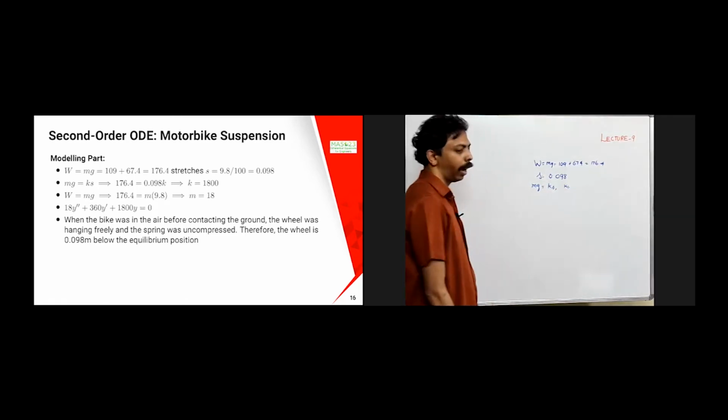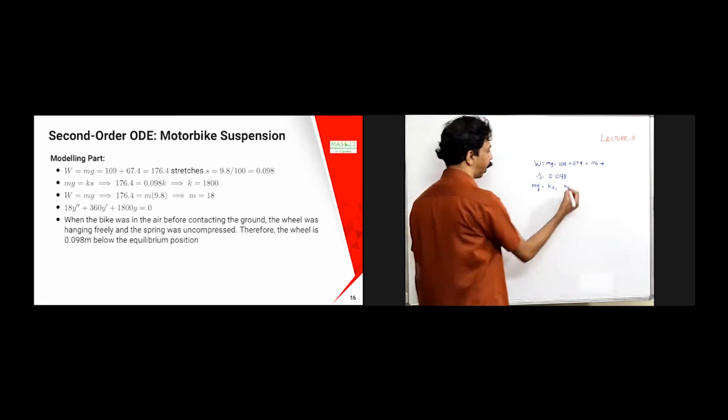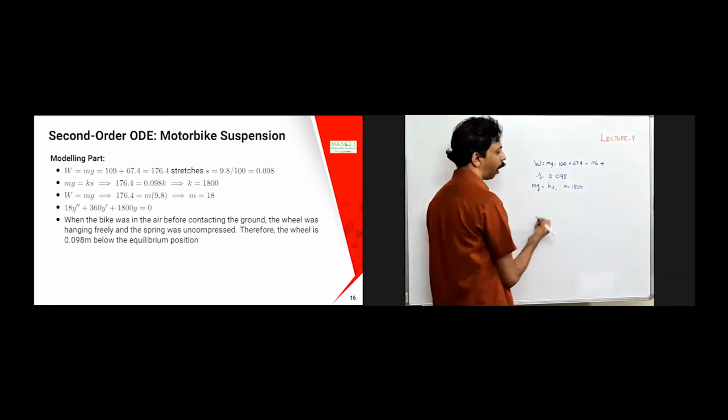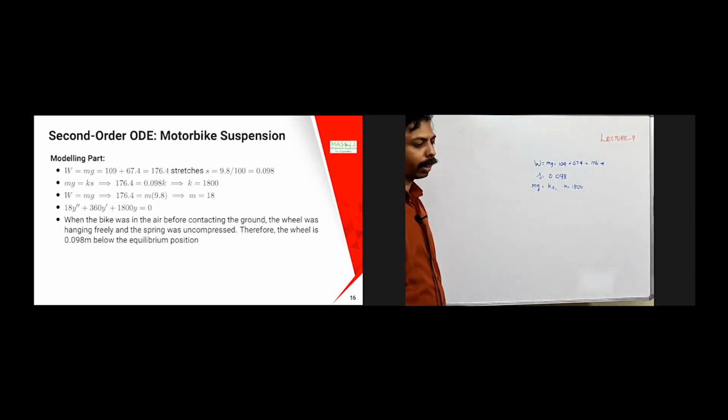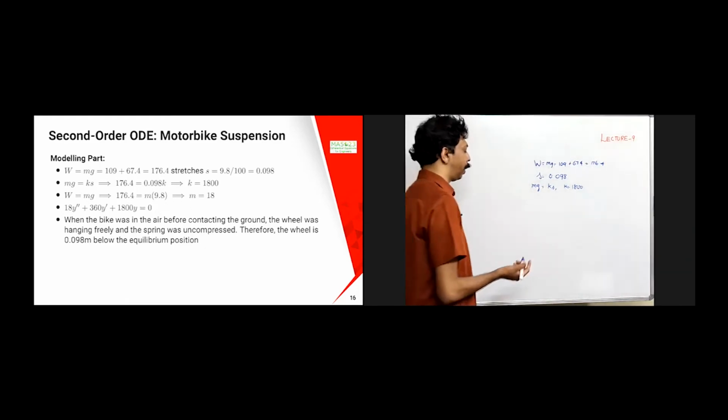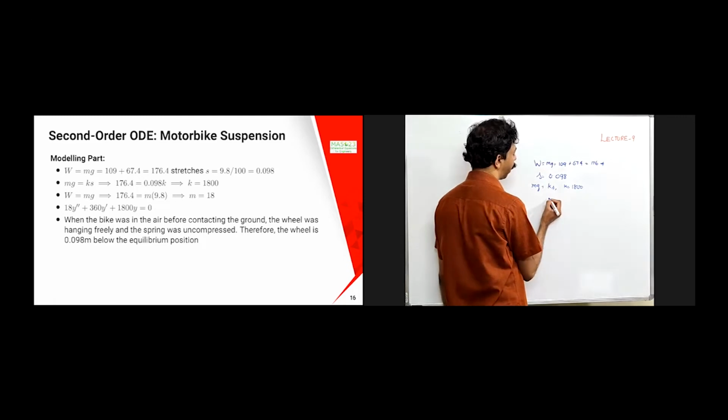mg equal to ks, and k equal to 1800 is going to come. It is already given that the damping force is 360 times the velocity. That means cy dash becomes 360 y dash.